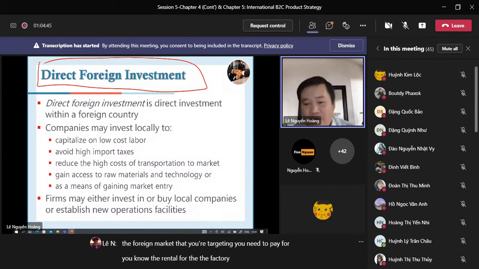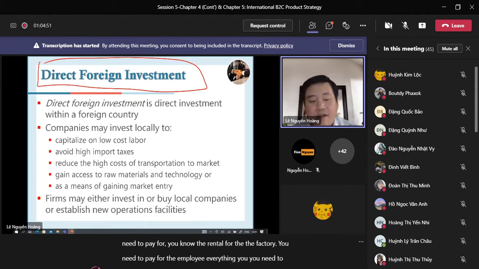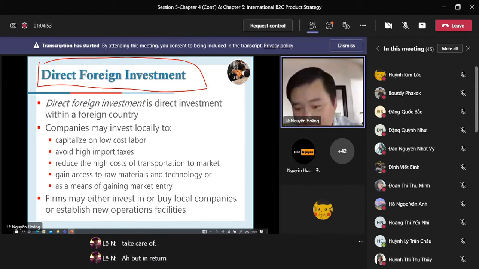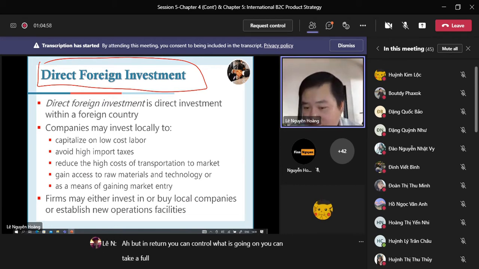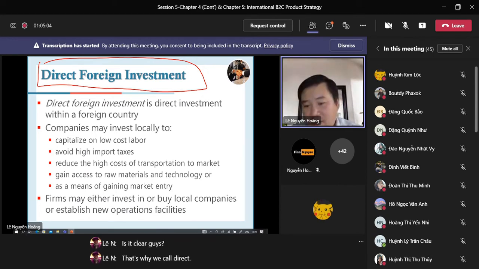You need to pay for the employee. Everything you need to take care of. But in return, you can control what is going on. You can take full control of your business. Is it clear, guys? That's what we call direct investment.